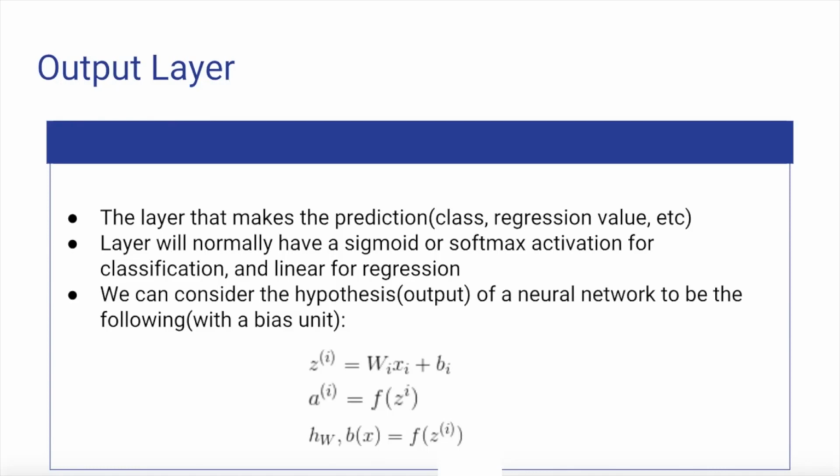Then we just add our ith bias on the end. And then our activation is simply a function over that, right? So it's just a function over our weights, our input, and our bias. Pretty simple. Then we can formalize the hypothesis, or the output, as our hypothesis with respect to our weights and our bias, which is another activation function over the output of the n hidden layers.